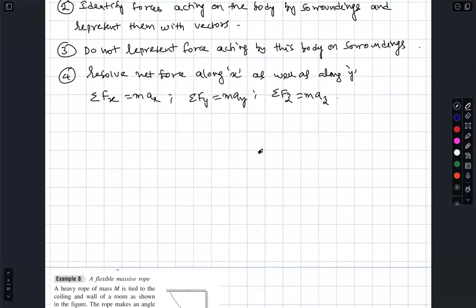I'll just show you a simple example of this. For example, you take this as an inclined plane.